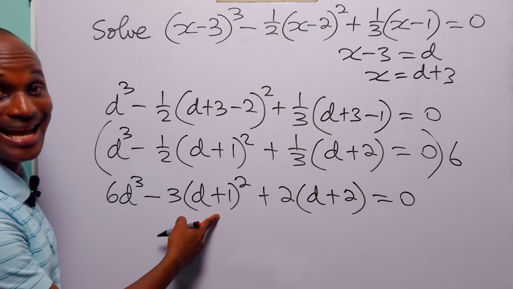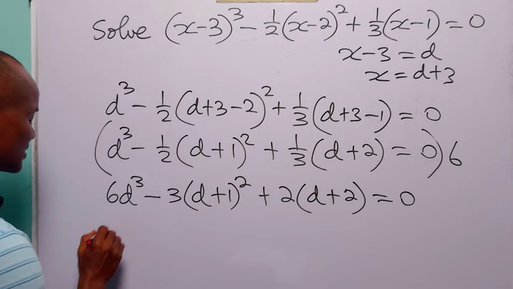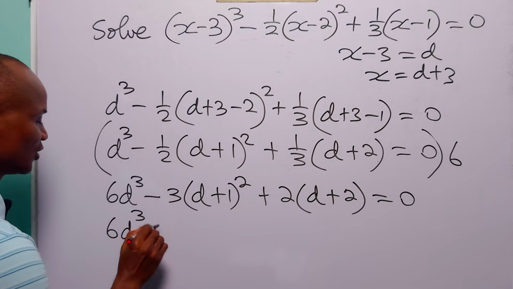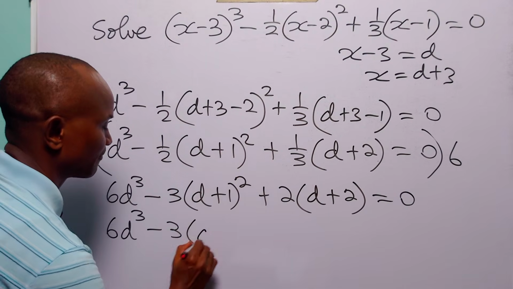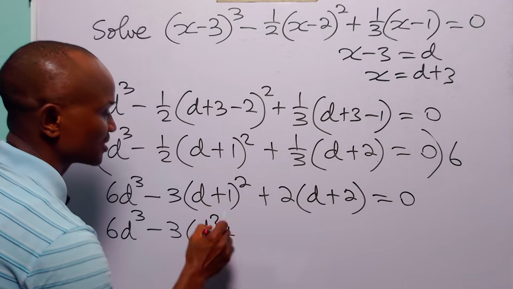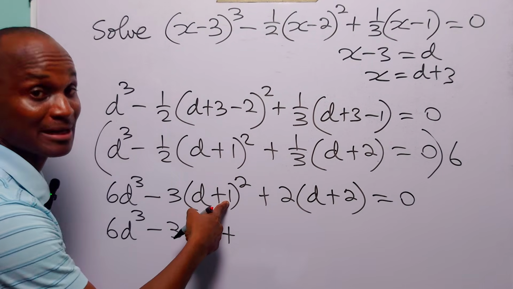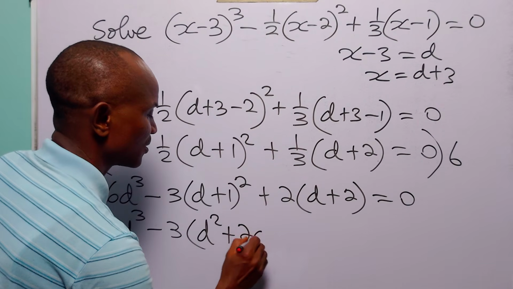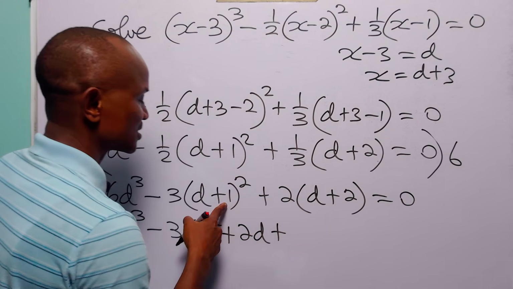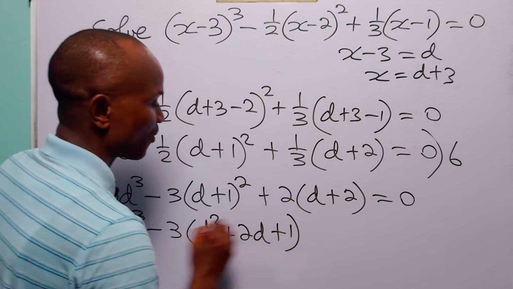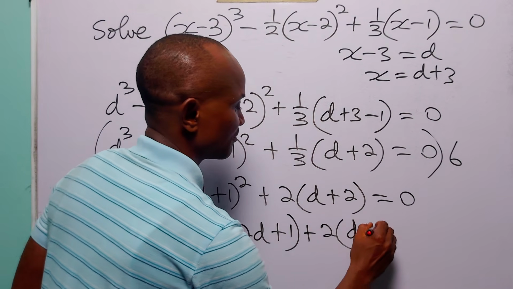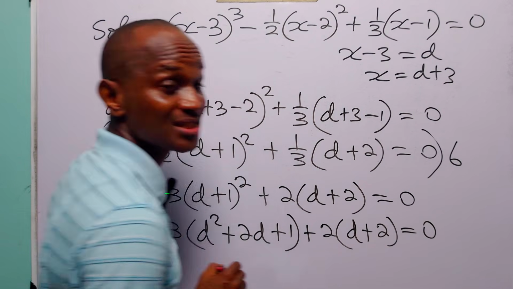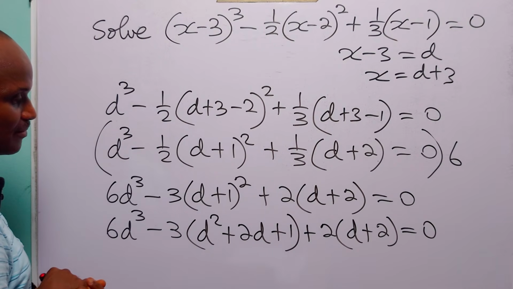Now let us do this expansion. We have 6d cubed minus 3 times d squared plus 2 times d times 1, which of course is equal to 2d. Then plus 1 squared, which is 1, plus 2 times d plus 2, and of course this is equal to 0.